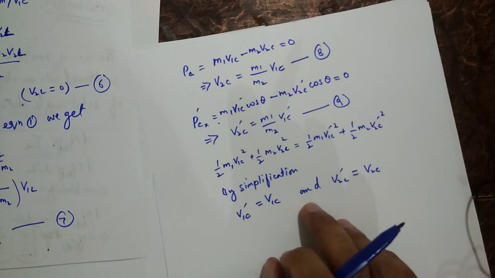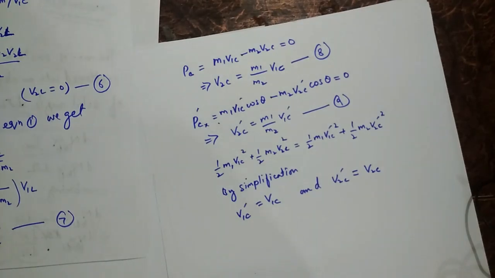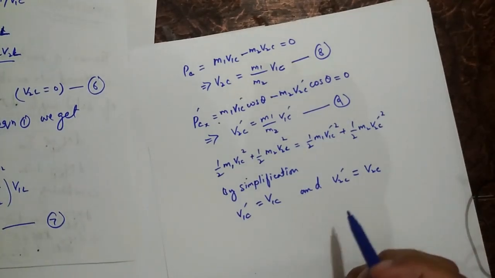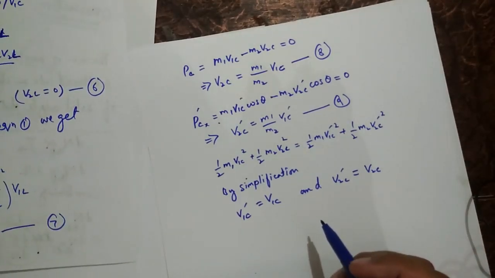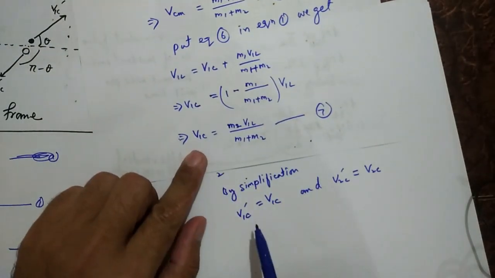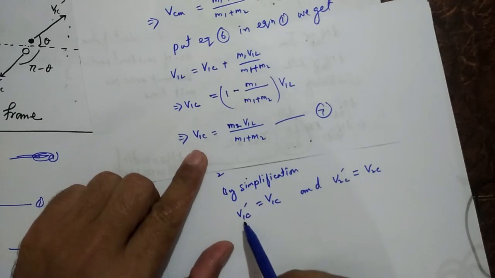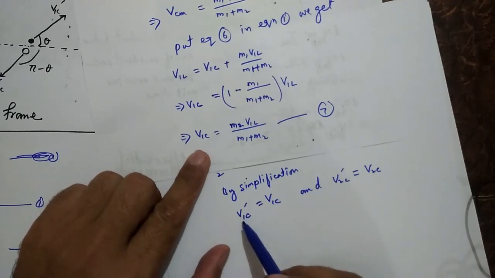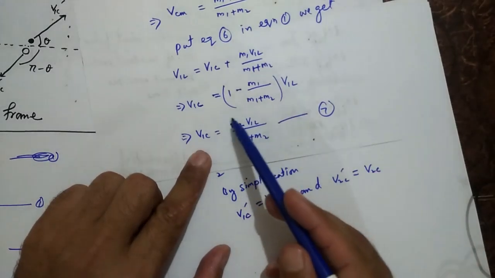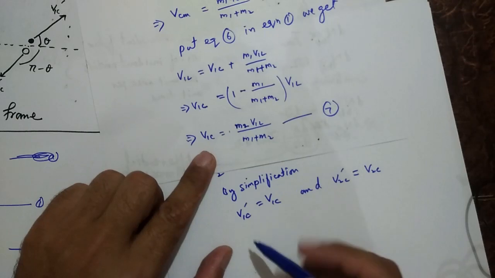Thus we can write equation number 7 as you can see here. This is equation number 7, and here we obtained v1 dash c after scattering, the velocity of the projectile in center of mass, is equal to its initial velocity, which was given by equation number 7.